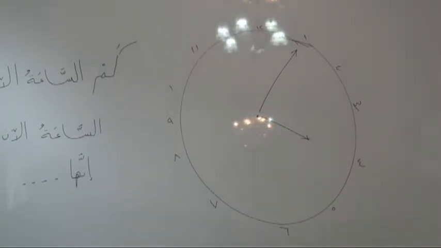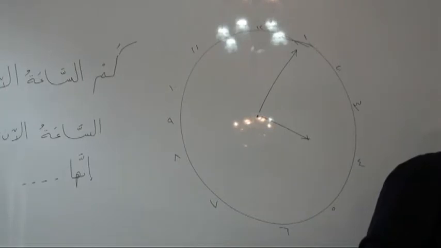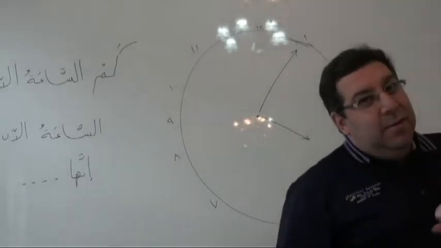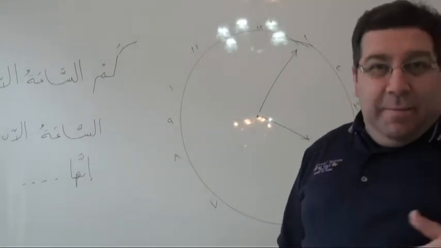First, we are talking about daqiqa, so is daqiqa feminine or masculine? Feminine. So the number should be, because it is 5, between 3 to 9, so should be masculine.